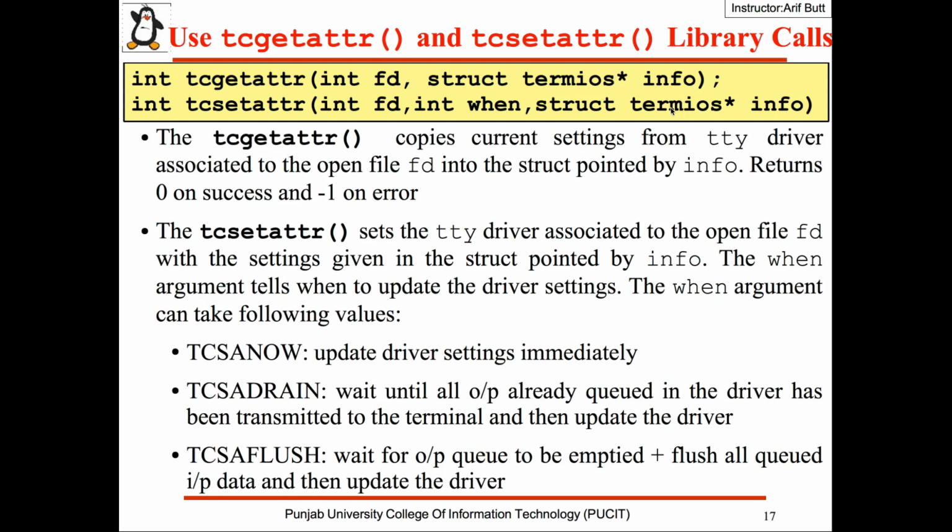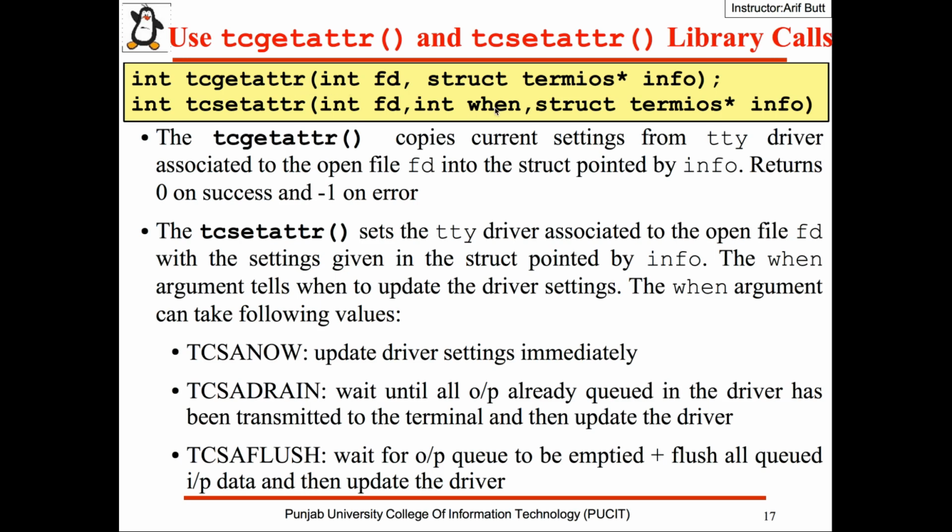You change all the attributes in this structure and then you pass this structure to this function. Over here this termios structure is empty. You just pass an empty structure and it will be populated after a successful get call.